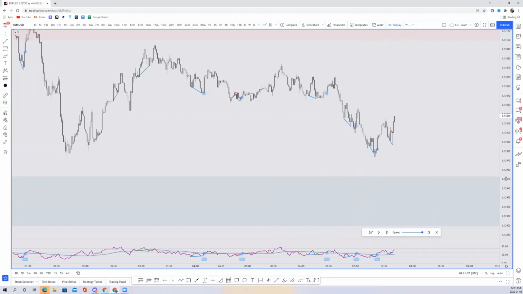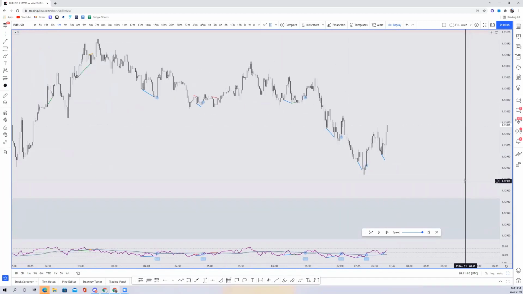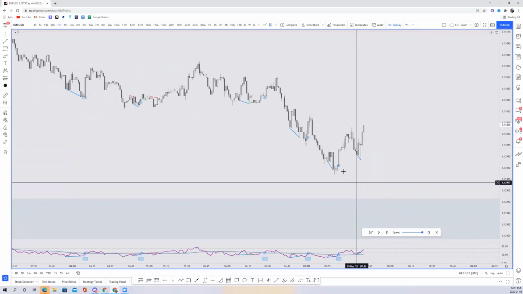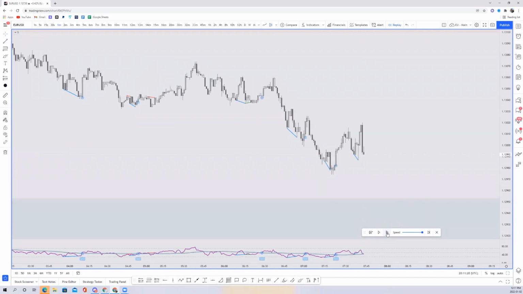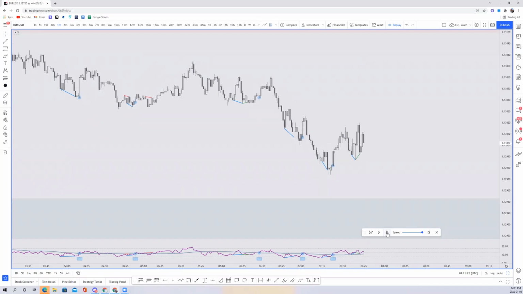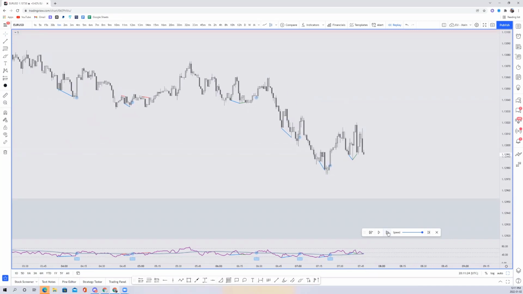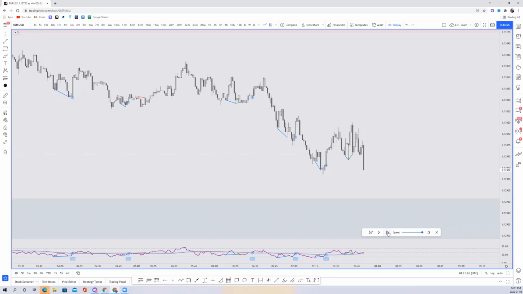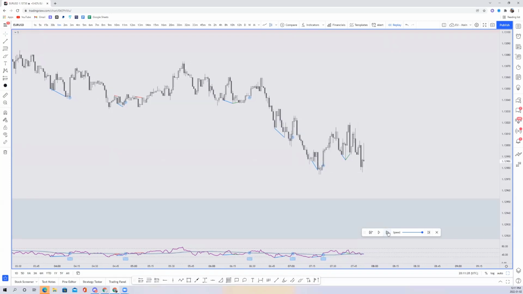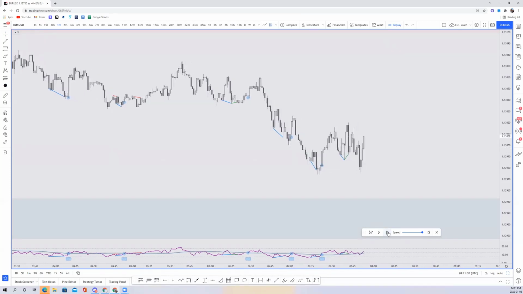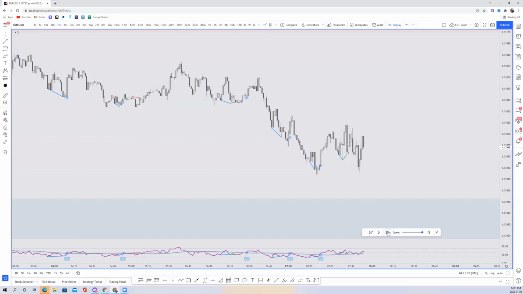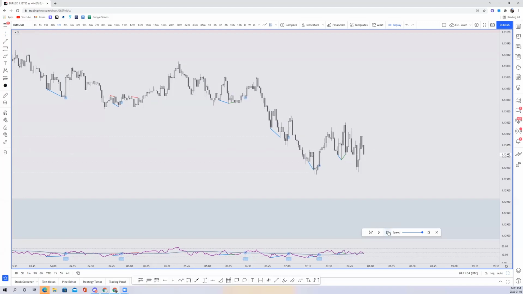But definitely do not enter on every single divergence and dot you see. And the dots are a moving average cross. Like I said, it's a very powerful tool, but if you take every single signal it gives you, you'll get burnt in the long run. I'm sure some of you guys have figured that out. But the way we've structured it is everybody should be going through the price action part of it before we even get to the indicators.